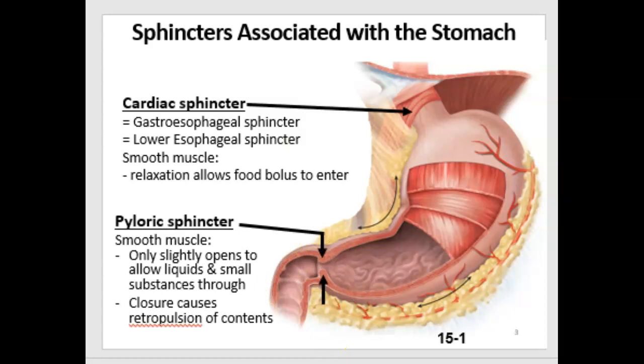But when it closes, it cuts off how much can enter, and that causes a wave of retropulsion, we call it, or a backwards wave of the contents of the stomach. So it closes kind of abruptly and tightly, and so substances are pushed backwards and they can be digested again. Have another go at breaking them down.